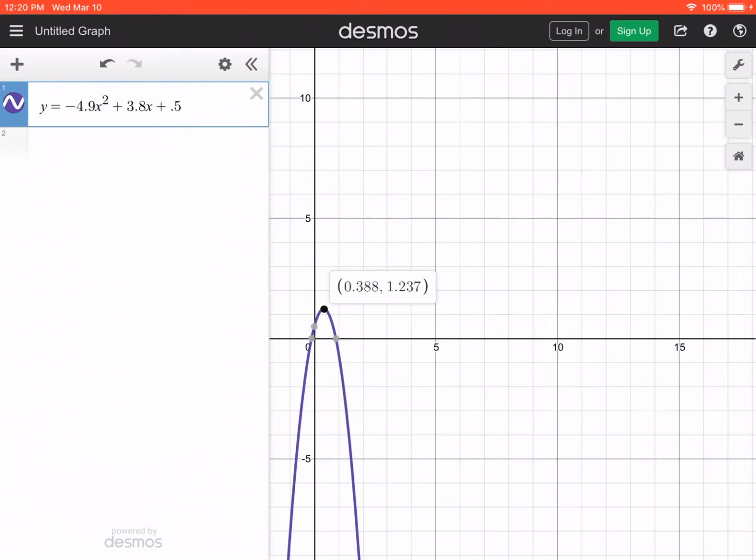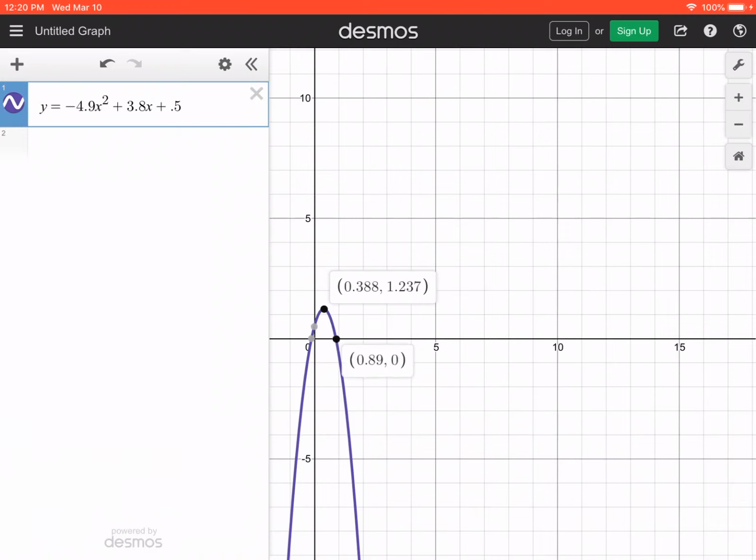So what it's showing to me is the axis of symmetry is 0.388, and the ball was at its highest point, I'm going to take it two places, at 1.24, and this problem was in meters, not feet, so it'd be 1.24 meters when it was at its highest point, okay?